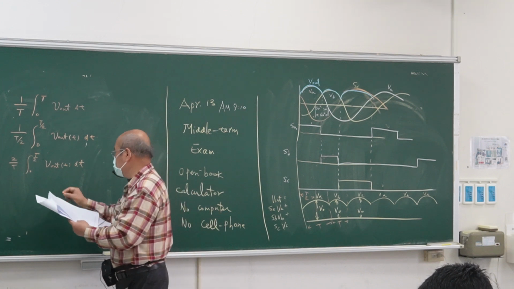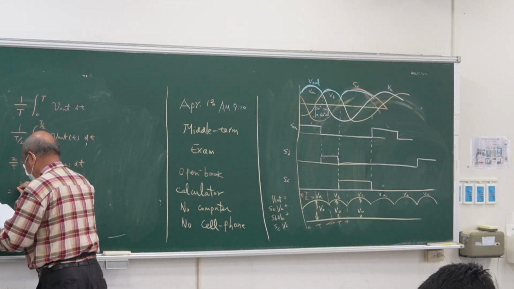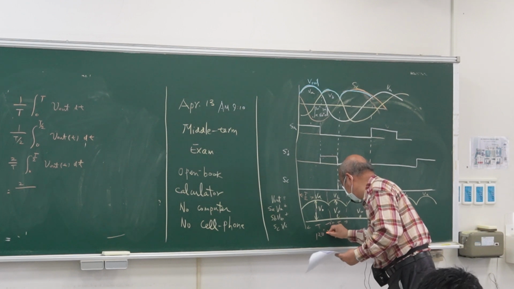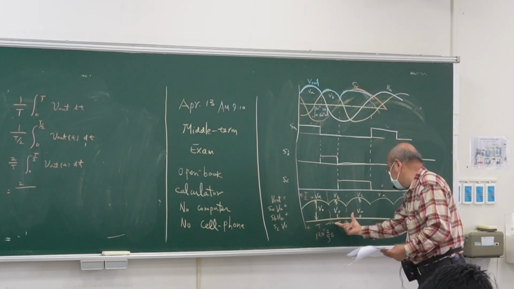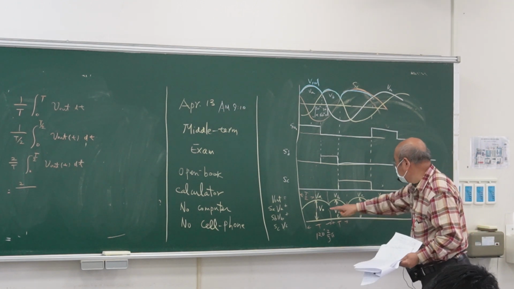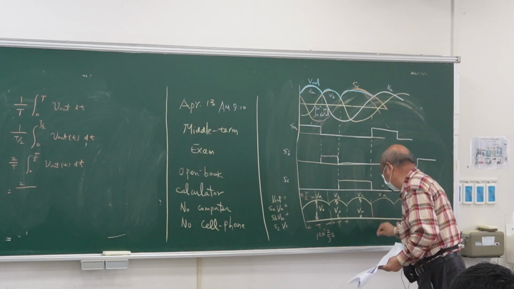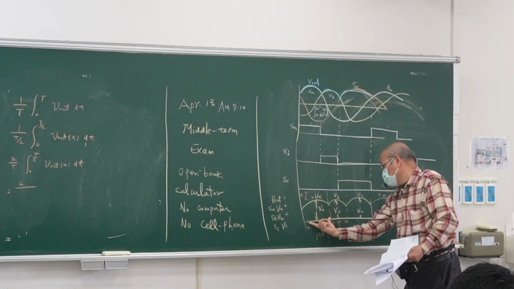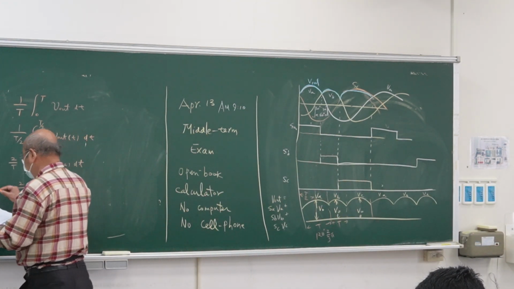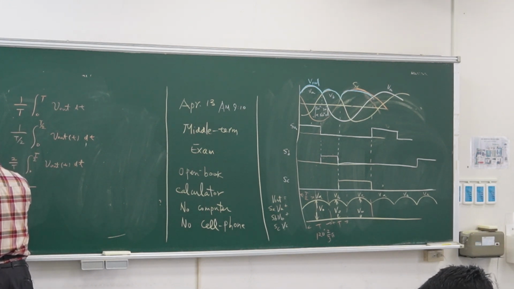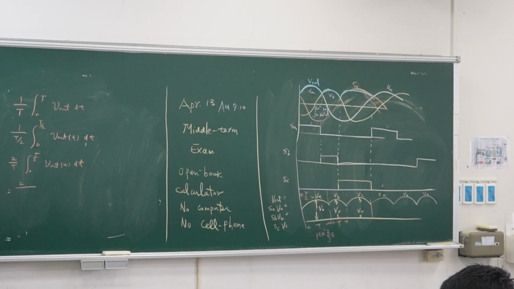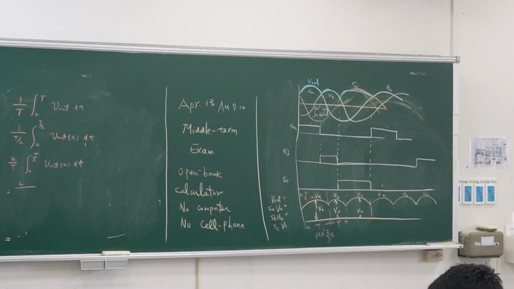So what is T? T is from here to here, 120 degrees, or we call 2 pi divided by 3. 1, 2, 3 become 2 pi, so one T is 2 pi divided by 3, because from here it becomes 2 pi and we only occupy 1/3.